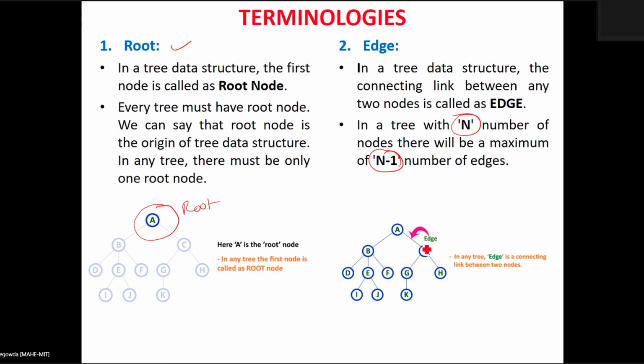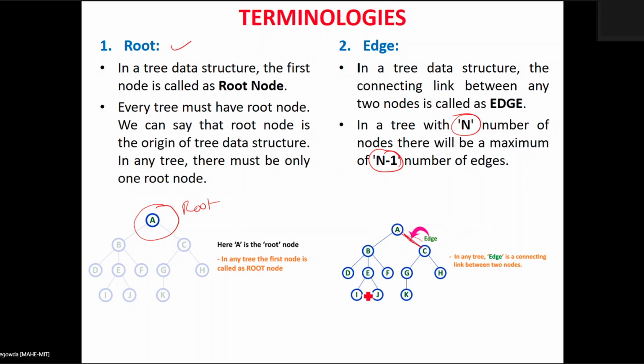If you look at this, a connection between any given nodes is called an edge. For example, between A and C we have a connection path, and this is called an edge. Each and every node is connected by using these edges.